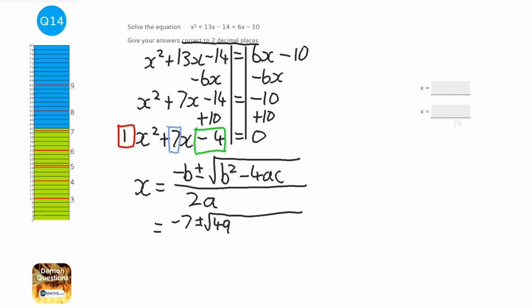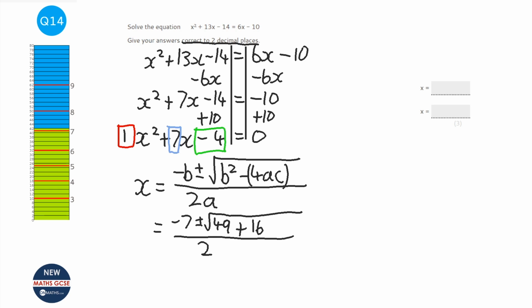Well, minus 4 times minus 4 is a positive 16, over 2 times 1, which is just 2. Now you could, at this very early point, just type this into the calculator and that would be absolutely fine. Just make sure you put brackets around this and put any negatives in using the special minus button, which on the Casio calculators is 2 spaces above the 7.